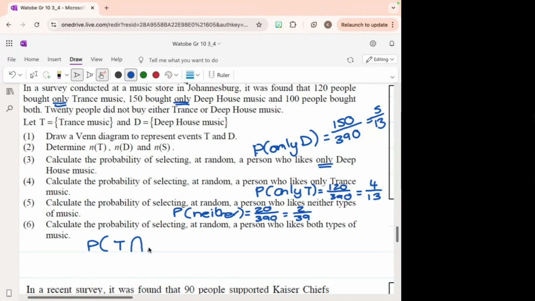It's the door frame, hey? Probability of T and D, it's that little bit, the door frame. And the probability of T and D is equal to 100 over 390, which is equal to 10 over 39.